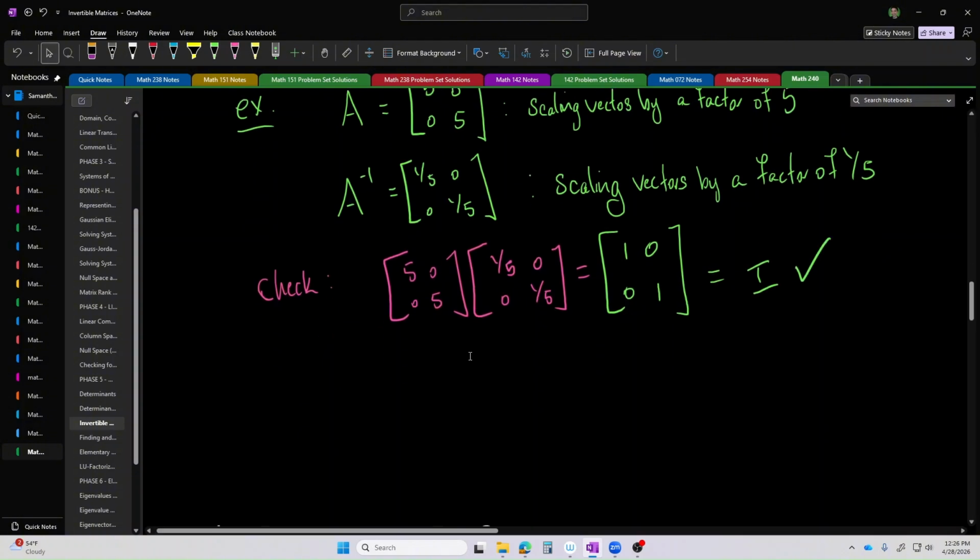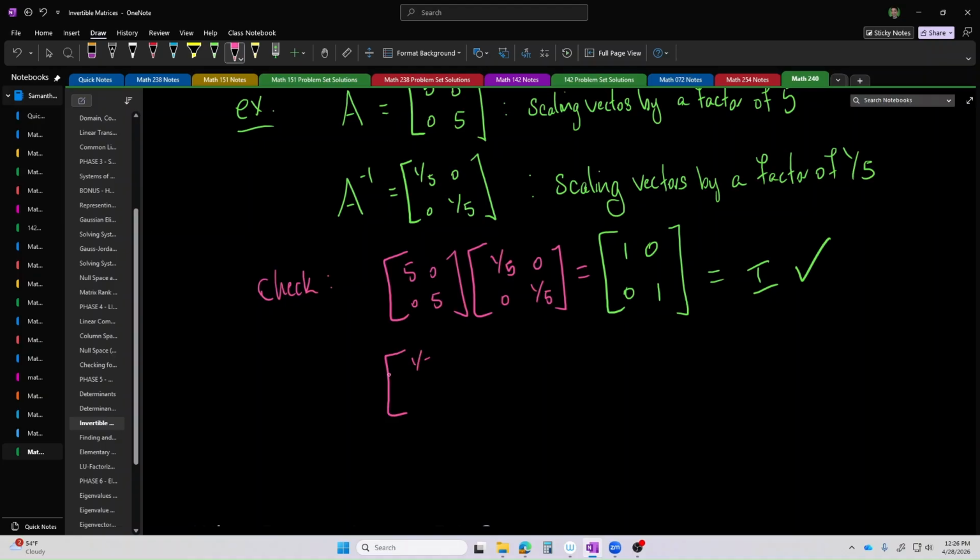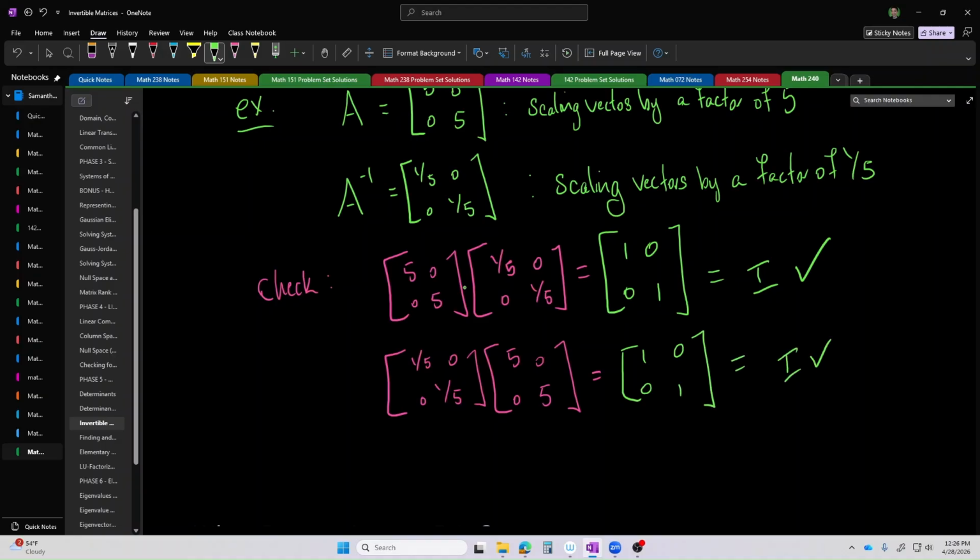So multiplied on the right-hand side, we have gotten the identity matrix as the result. So far, so good. If we reverse the order of the matrices and multiply by A inverse first and by A second, and I calculate the matrix product in this order, the result is going to be exactly the same: 1, 0, 0, 1, which is also equal to the identity matrix.